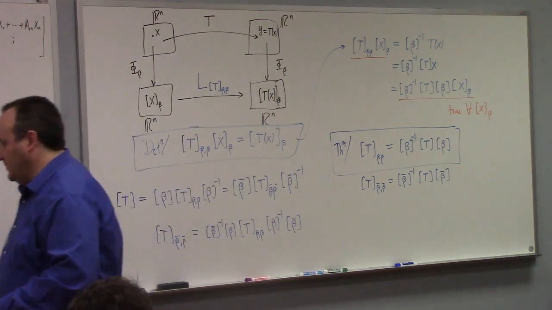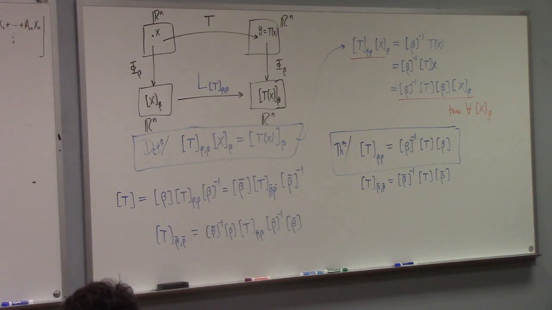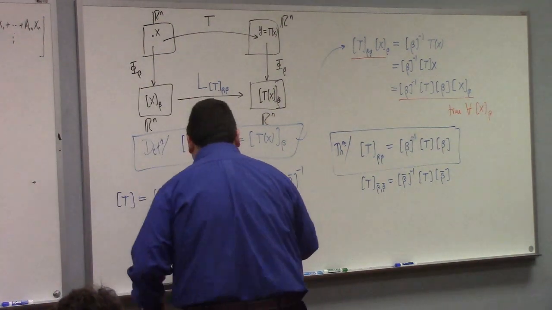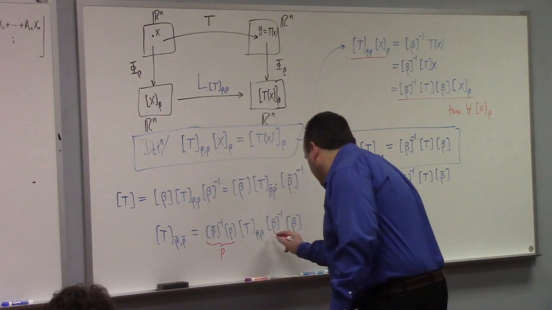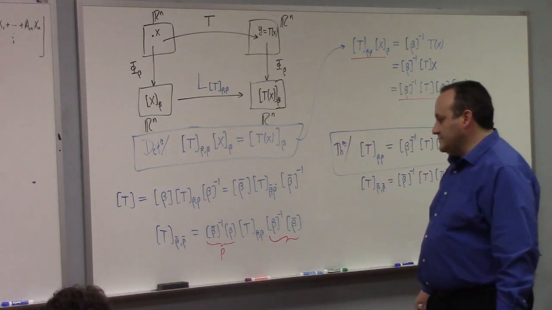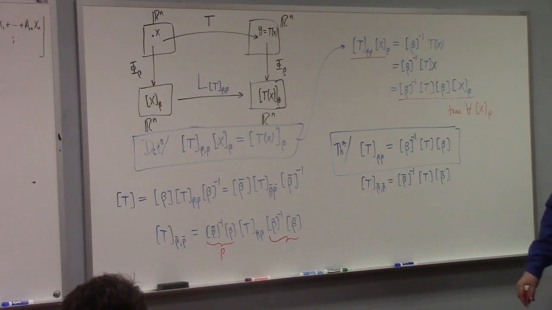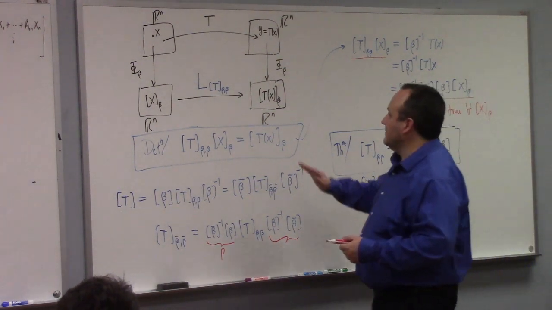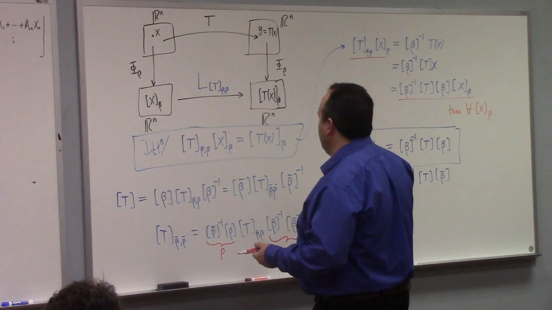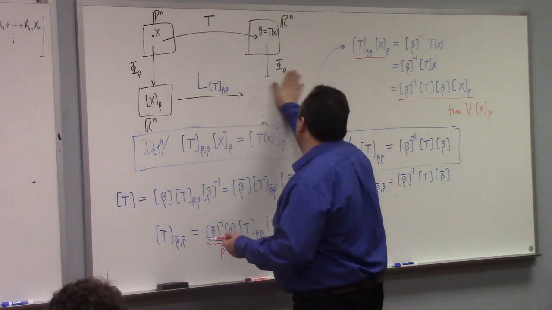In terms of that annoying P notation I introduced way back, P was beta bar inverse times beta. So this is apparently P. Goodbye, wonderful diagram. You served me well.